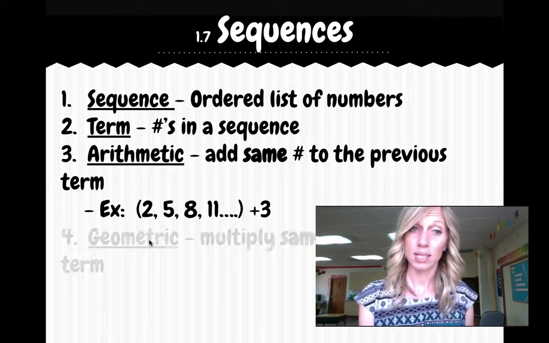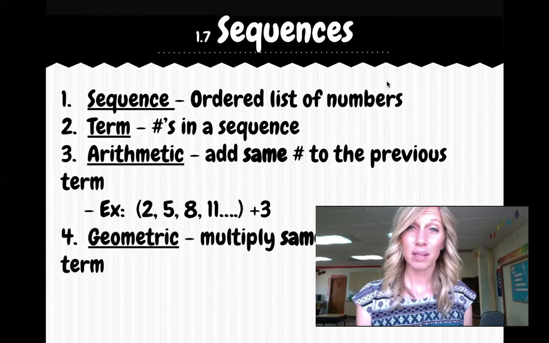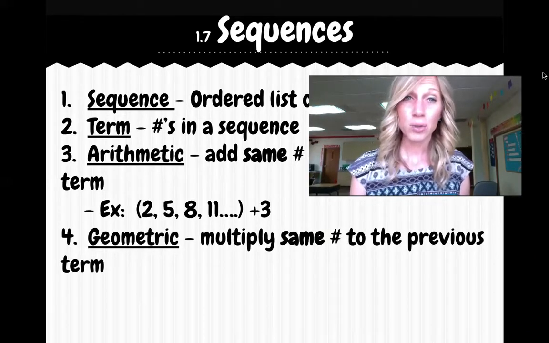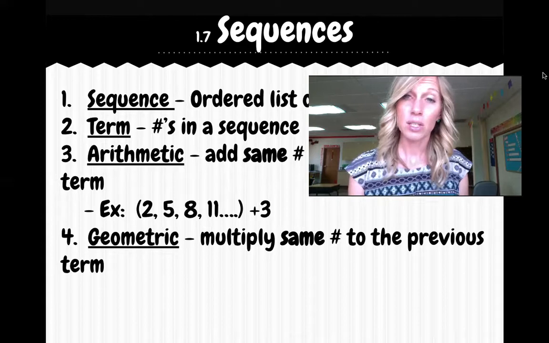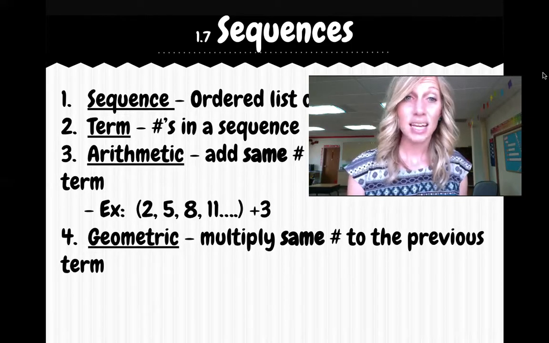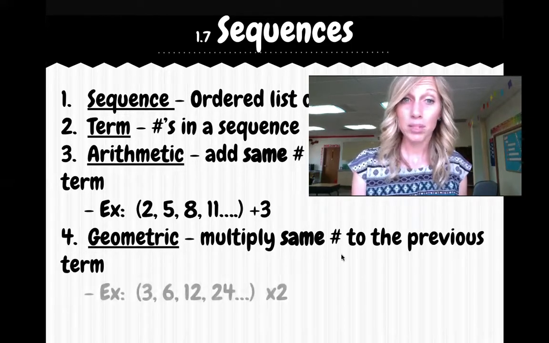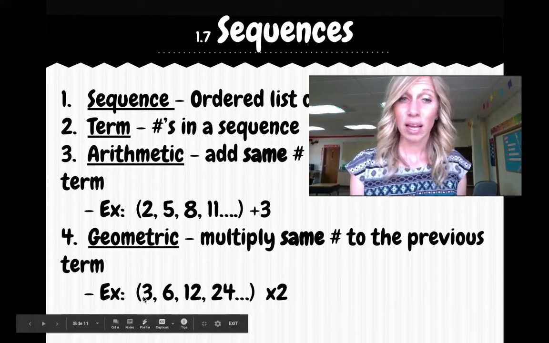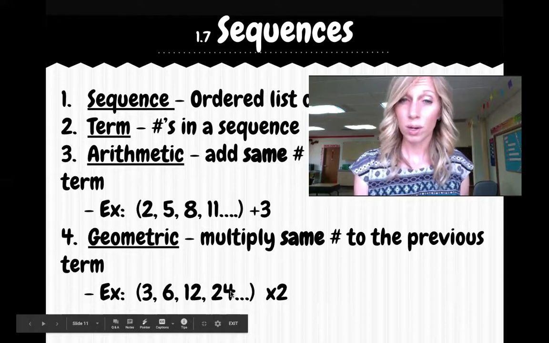Another type of sequence that we talk about is called geometric. Geometric sequences are when you are multiplying the same number to the previous term. So just like in the arithmetic sequence, you have to be doing the same number, but instead of adding, we are going to be multiplying. So if you look at my example down here, I start at 3, and then I jump to 6, 12, 24.